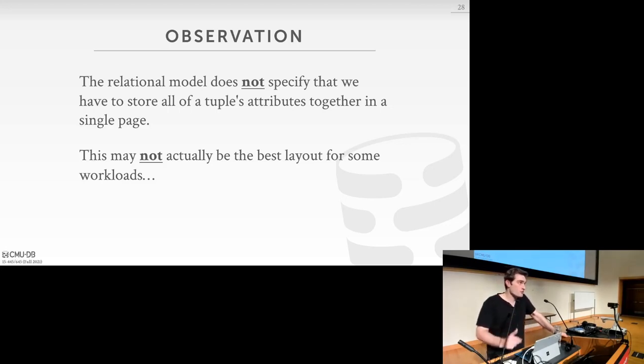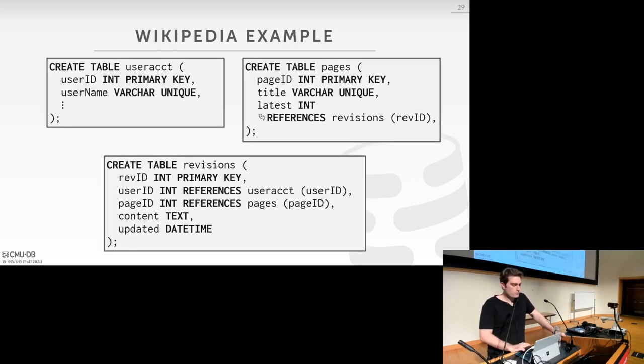So if you have the student record that has ID, name, email address, you'd store all of those in consecutive values. Based on those different workloads that we talked about, OLTP and OLAP, the row layout might not actually be the best for all cases. So I'll go through and explain what that means.